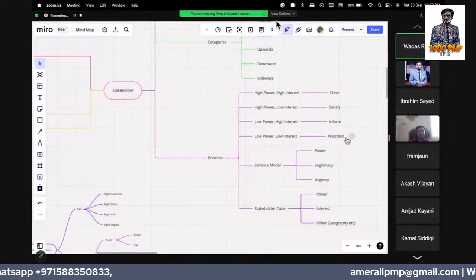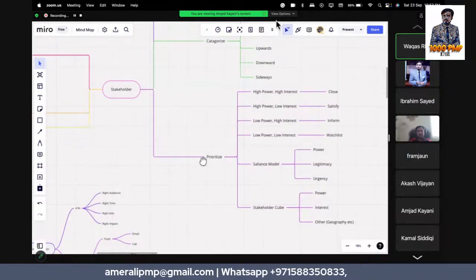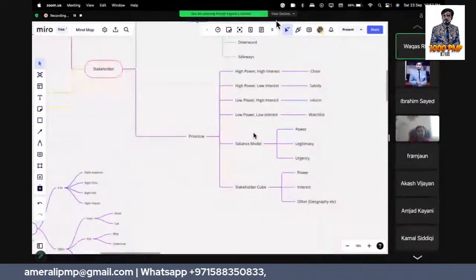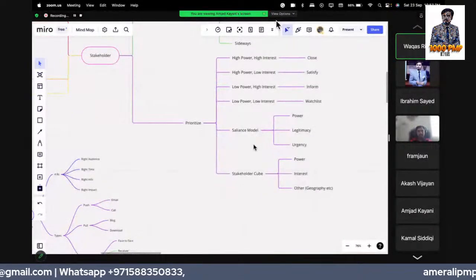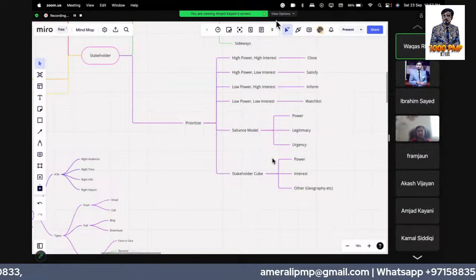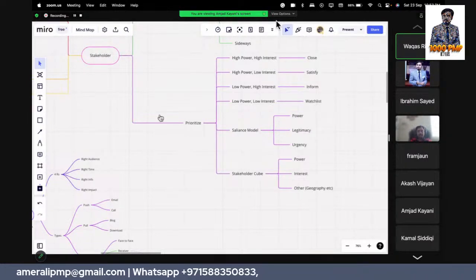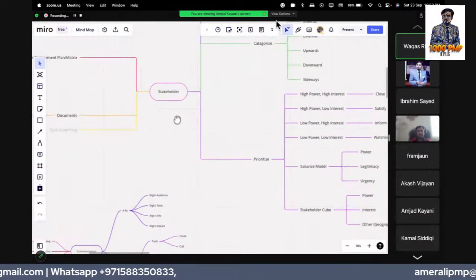And low power, low interest are the kitchen staff and security guards, whom we put on the watch list. And we have the tools: the stakeholder cube and the salience model. In the stakeholder cube, we have interest, power, and other things. And in the salience model, we have power, urgency, and legitimacy, which is the legal right.